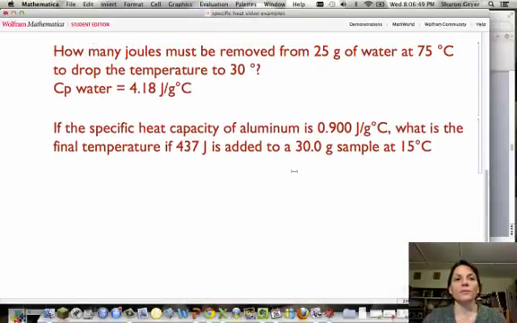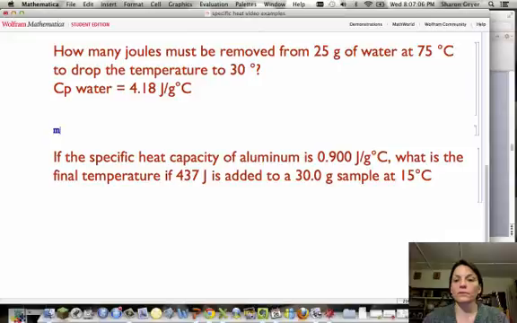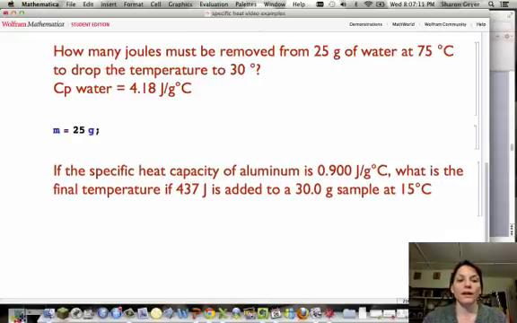In the next example, we want to calculate the energy. So we're looking for delta H this time. We know the mass of the sample, we know the change in temperature of the water, and we know the specific heat of water. Okay, so this is pretty straightforward. We're going to just define our variables. M is 25 grams. That's the mass of the substance.